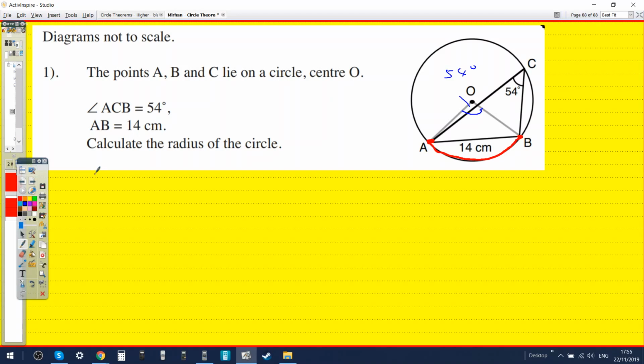Is it 63? 63, sorry. And so, what angle is 63? A and B. Yes, because there's a radius, that's 63, and that's 63. And then any idea how you would find the size of the radius, like OA or OB?